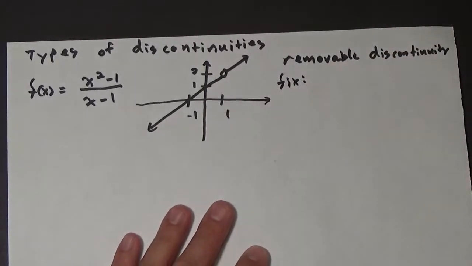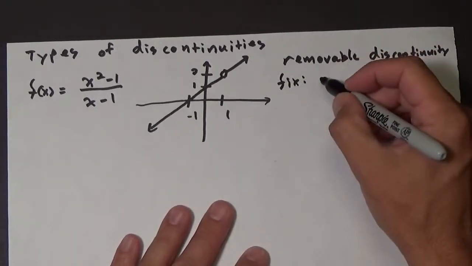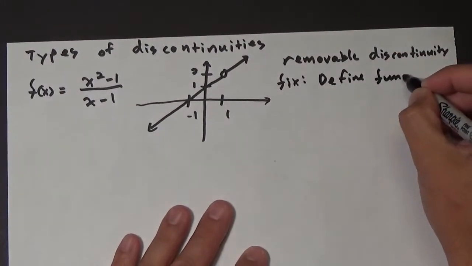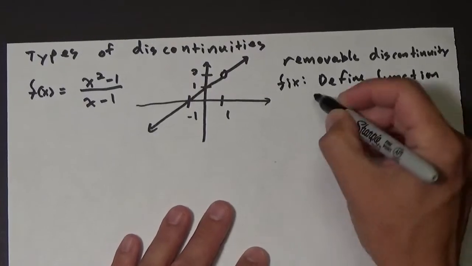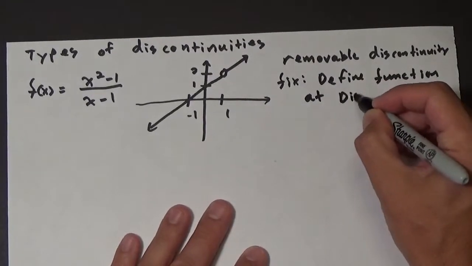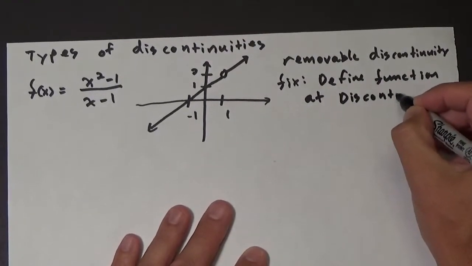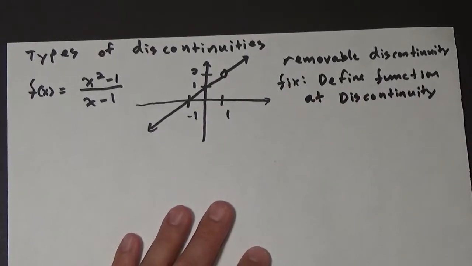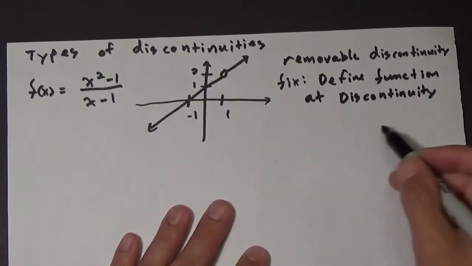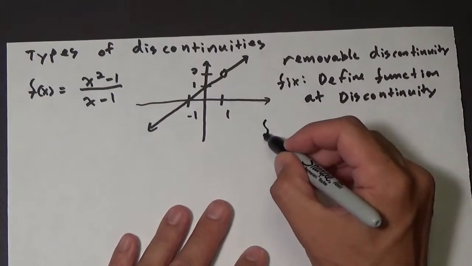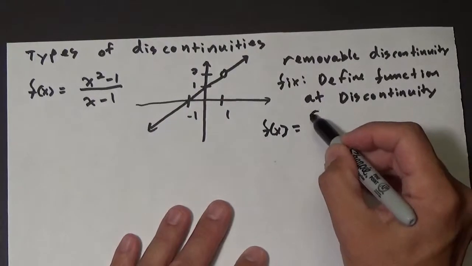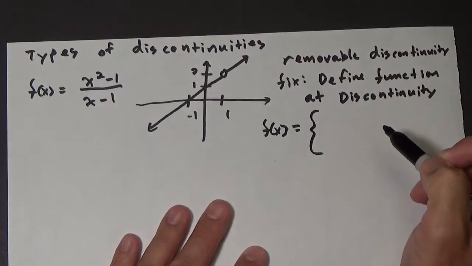We just have to define the function at the discontinuity. So if we wanted to fix this, we would write f of x equals, and then we're going to have to use a piecewise defined function.